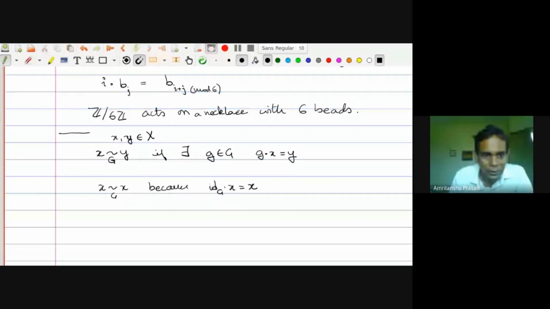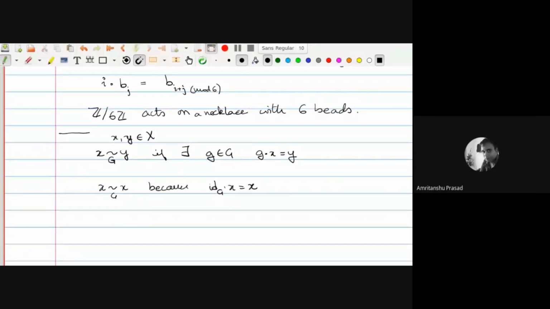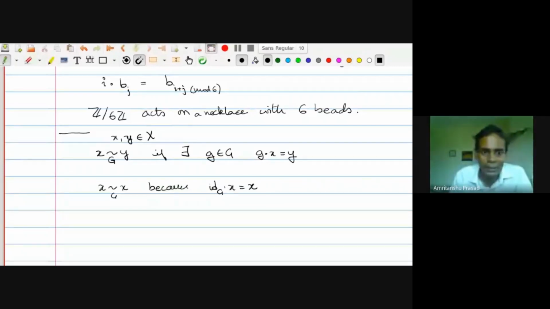If x is equivalent to y, so g dot x is equal to y, then g inverse dot y is equal to x. And I'll let you think about why this relation is transitive. So anyway, this is an equivalence relation, and the equivalence classes are called orbits.